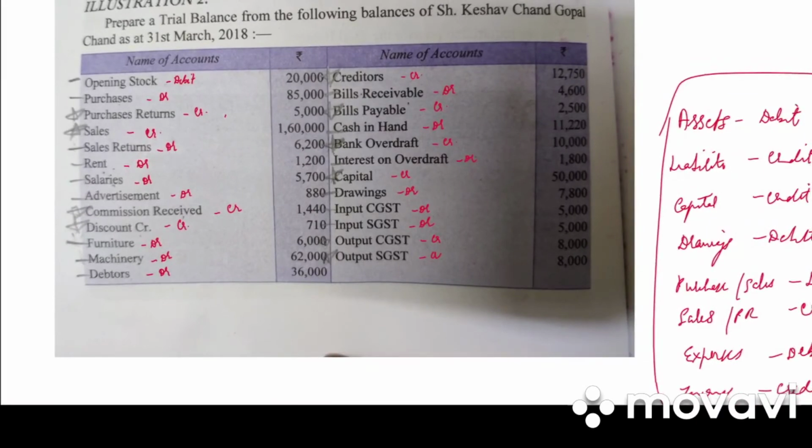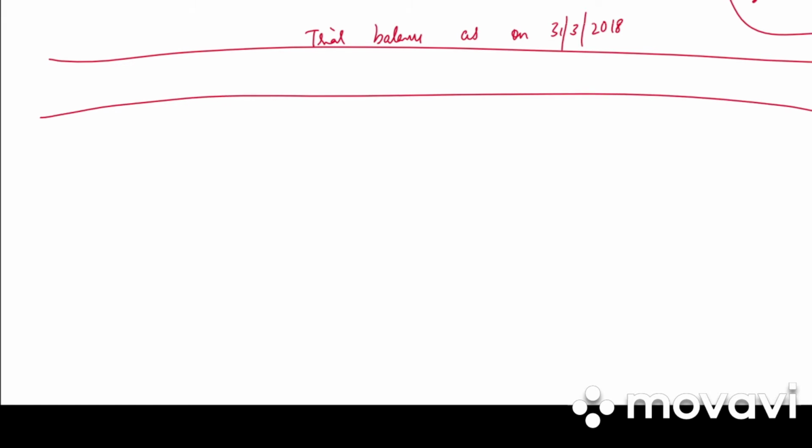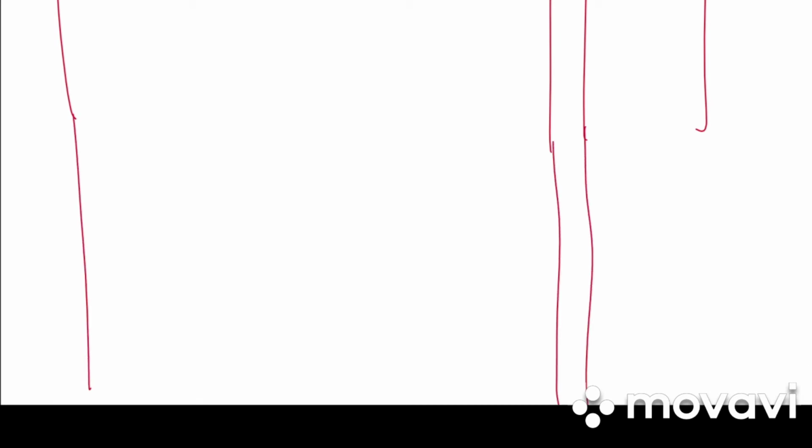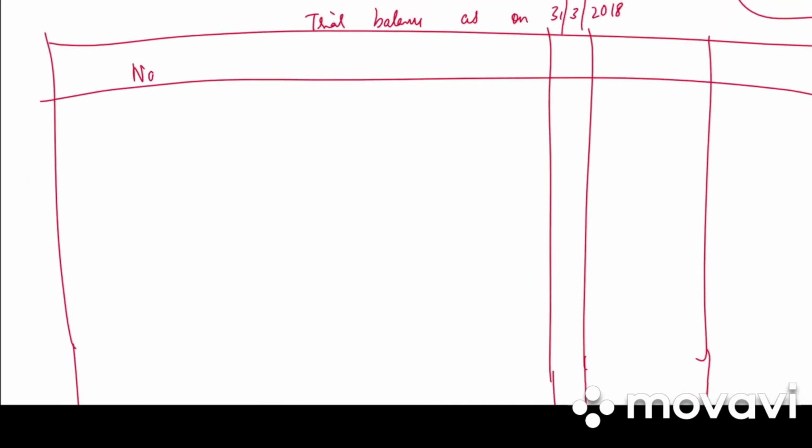After we have written which is debit side and credit side, we would be preparing the trial balance. So what is the heading? Trial balance as on 31st March 2018. We know the format. We have particulars, LF, debit and credit. So first is name of accounts, LF, debit, credit.